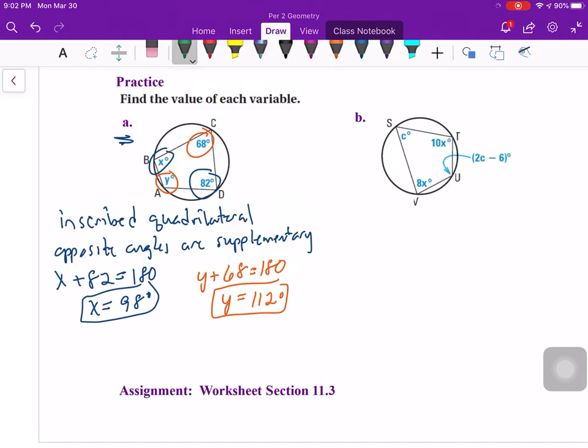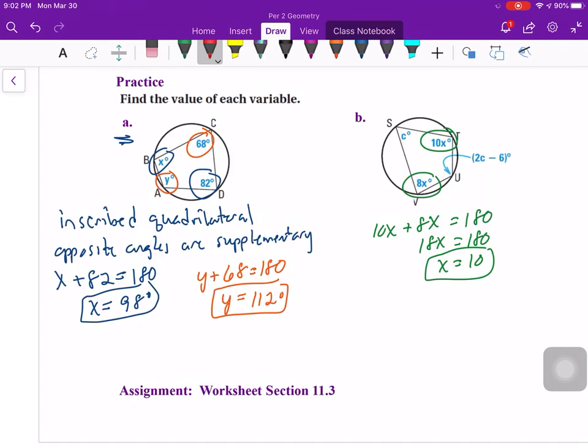One more practice problem with a little bit more complication to it. So we have an inscribed quadrilateral. The x's are pretty straightforward. So the opposite angles, 10x plus 8x equals 180. 18x equals 180. X would be 10.